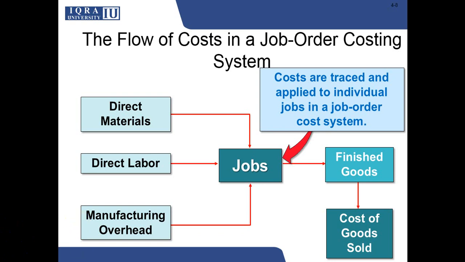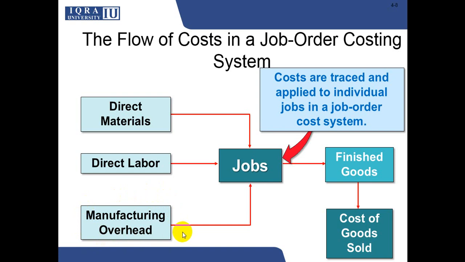Supplies, factory supplies, right? Or maintenance. So these all are the manufacturing overheads, right? Or you can say that all are indirect costs, not directly associated with the product, but part of manufacturing, right? So we take it as manufacturing overhead.